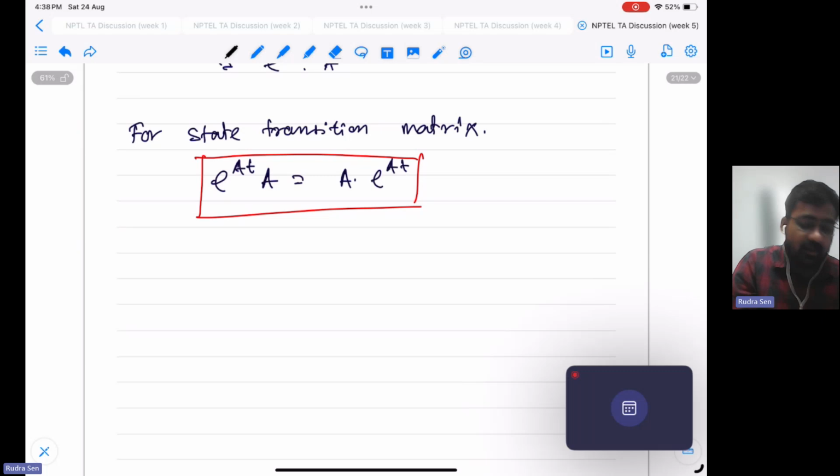Now we will see a few examples on the state transition matrix.